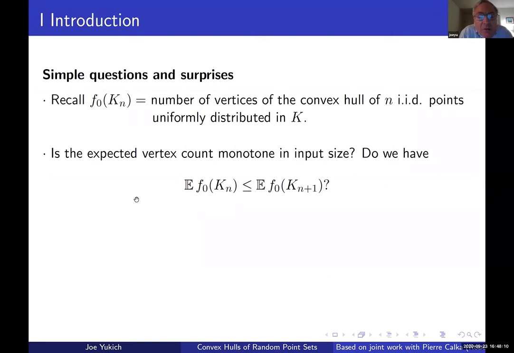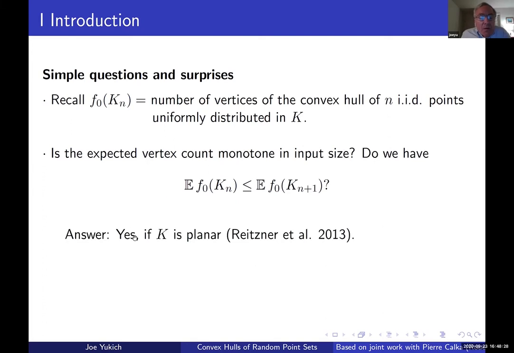In other words, one could expect that increasing the sample of points should, on the average, increase the number of vertices of the convex hull. And surprisingly, there are only partial results in this direction. There are no general theorems. If K is planar, the answer is positive. There are a few other partial results that I will not mention.